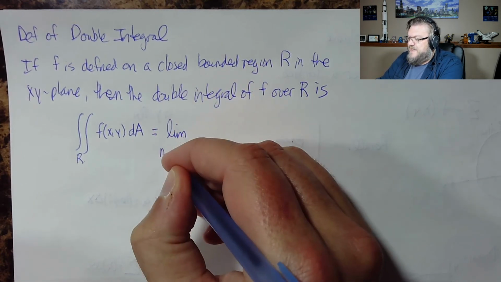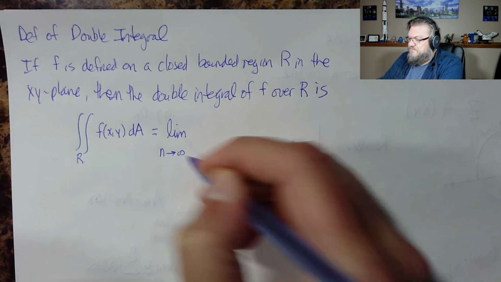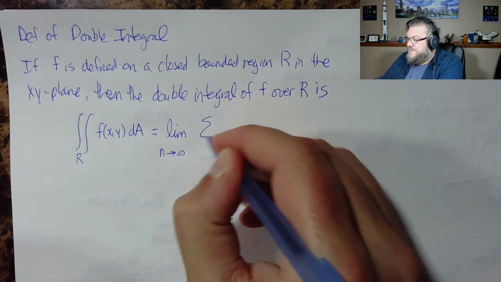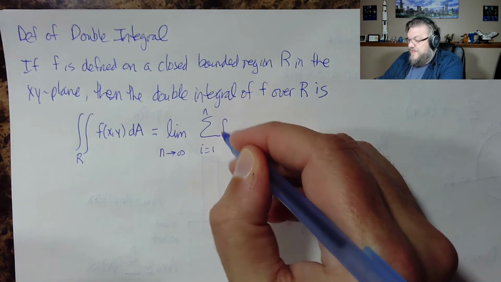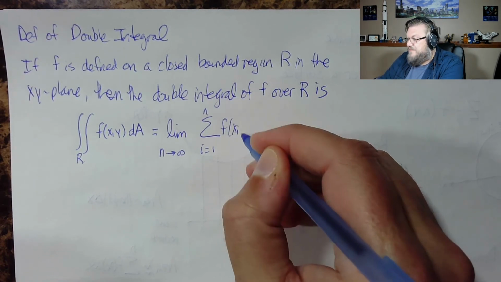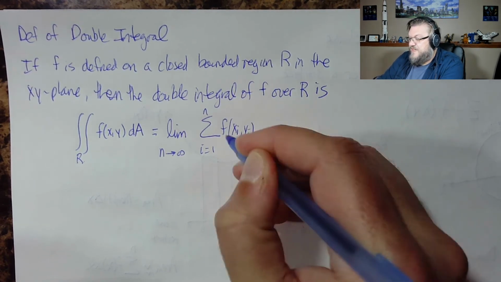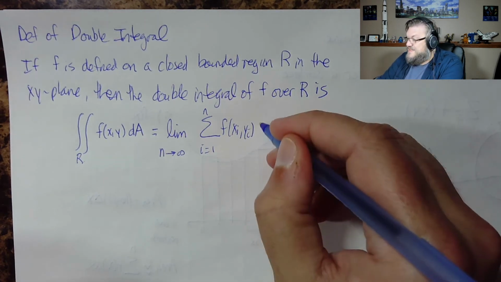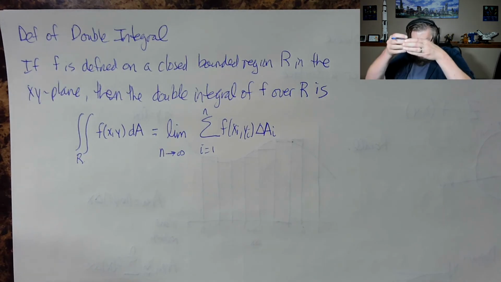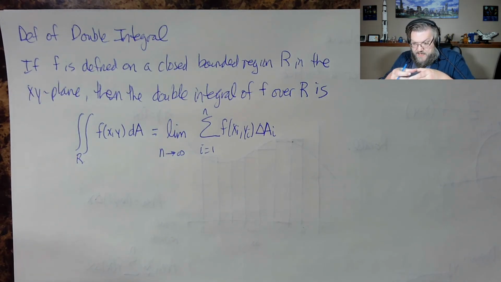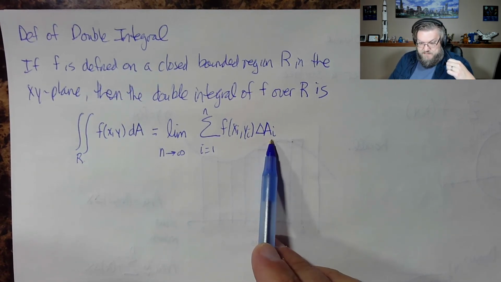This is the limit as n goes to infinity of the sum from i equals 1 to n of your representative points, f of xi, yi, those are the heights of the boxes, times the area of the grid in the picture there, right? So you have an area times a height. That's going to be the volume of each box.